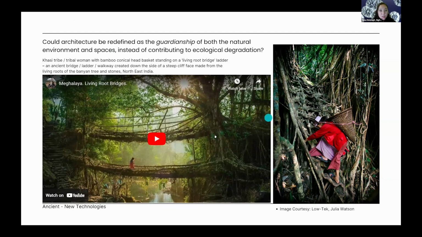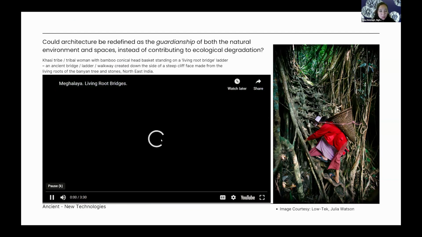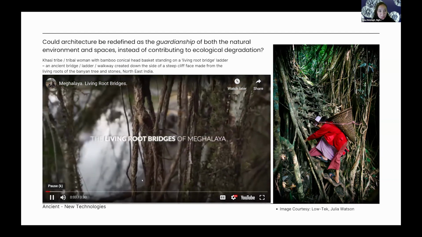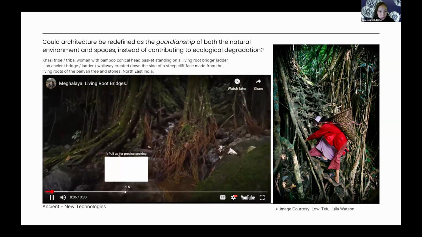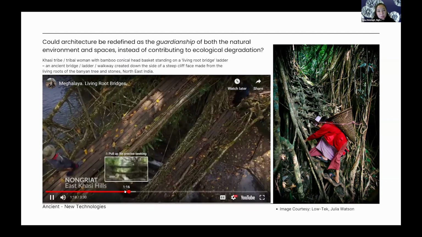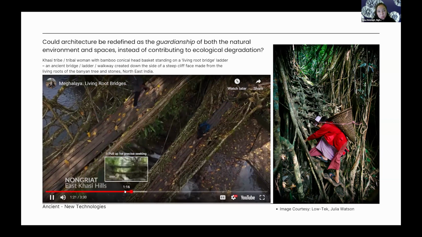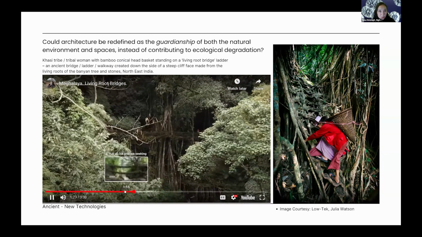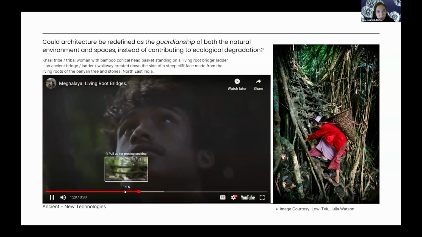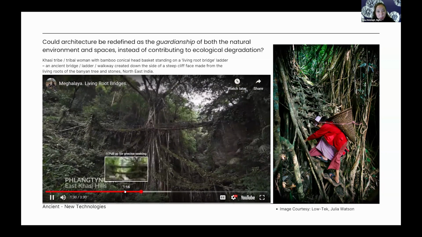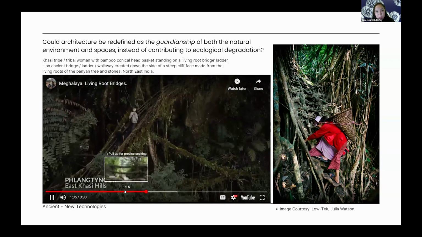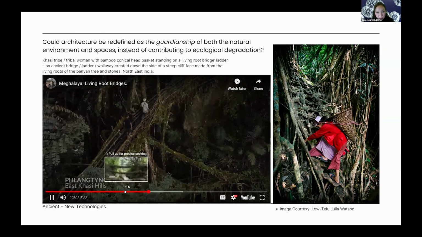And this is knowledge that is passed down by grandmothers and grandfathers to the next generation. It's an incredible technology, actually, where you use a living root structure to build a bridge in this case, and over time it becomes more sustainable, stronger, and the next generation will make it even stronger by weaving the plant fibers further.